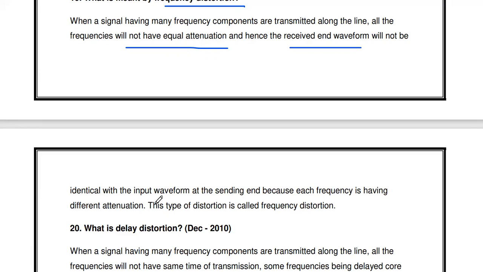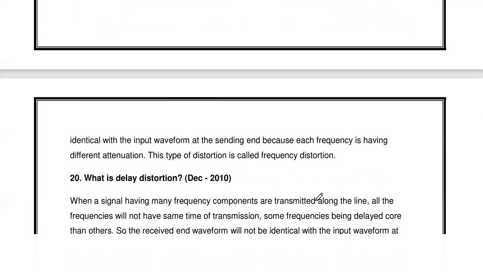So this type of distortion is called frequency distortion. When the signal from the transmitter consists of many frequencies, each frequency component has a different value of attenuation, and this produces a deviation in the shape of the signal. It is called frequency distortion.